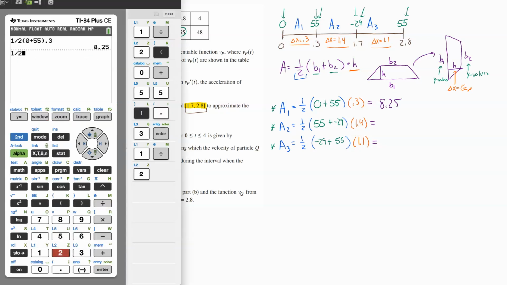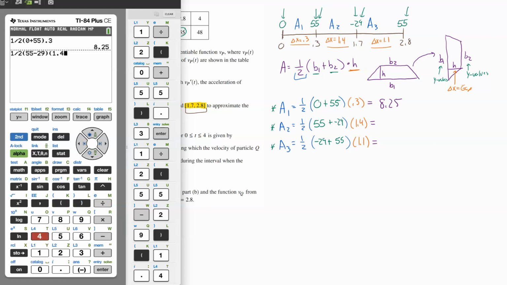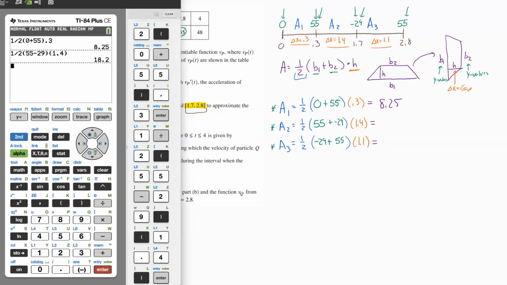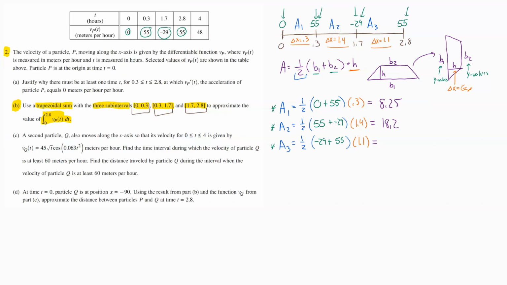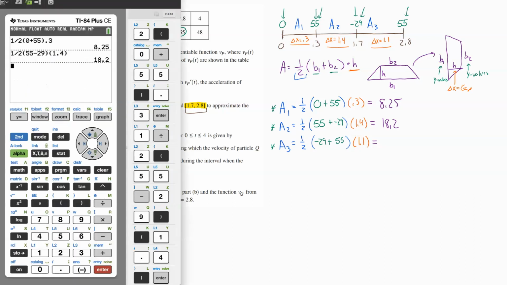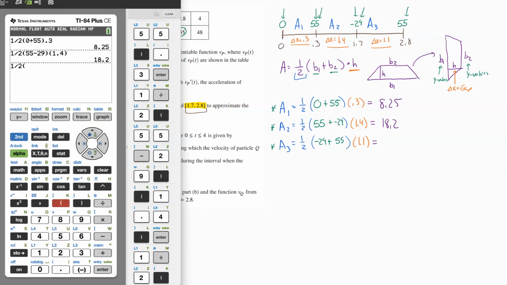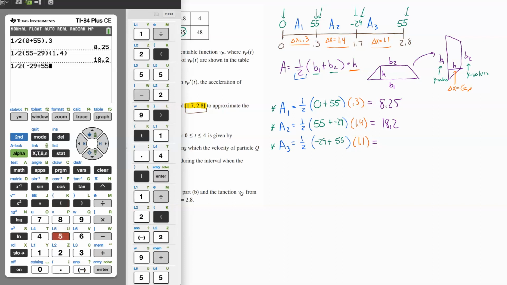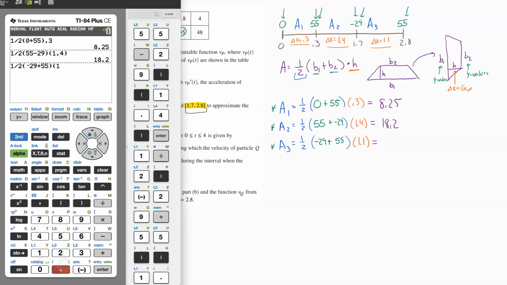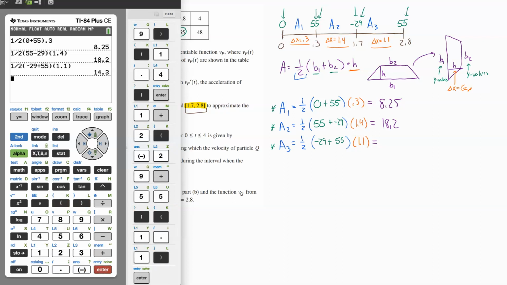I get 1/2 times parentheses 55, plus a minus, so minus 29, and then times 1.4. And that gets me 18.2. And then I do it one last time. I'm going to get 1/2 times negative 29 plus 55, and all of that times 1.1, and we get out of there 14.3.